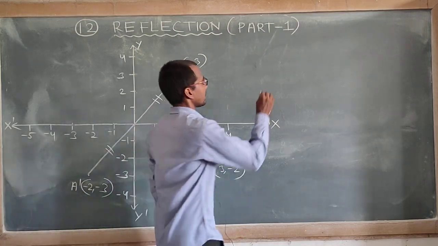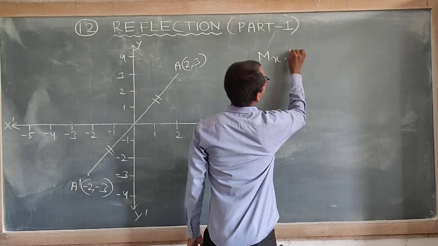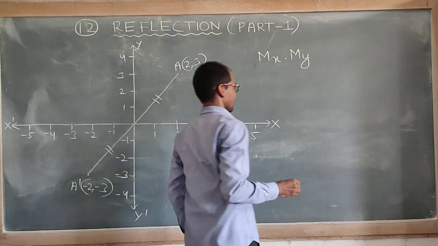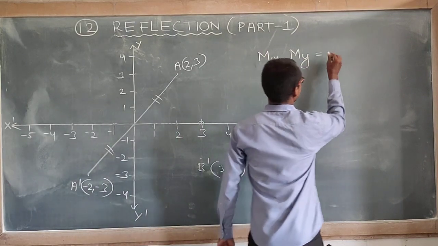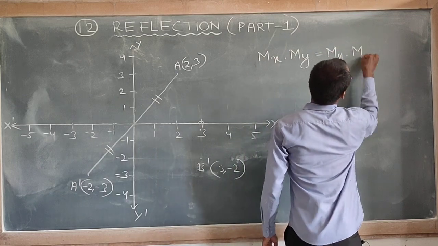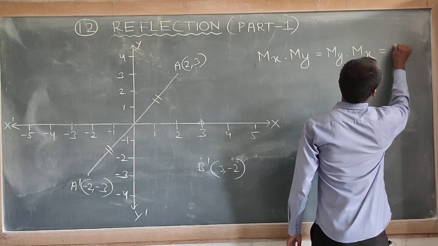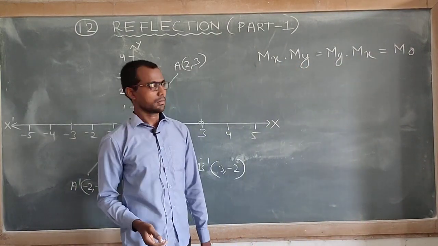Next is Mx dot My is equal to My dot Mx is equal to Mo. Now what does this mean?